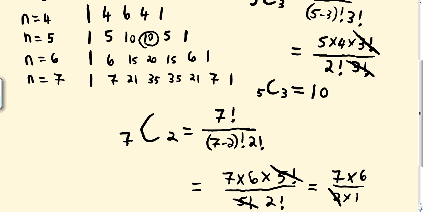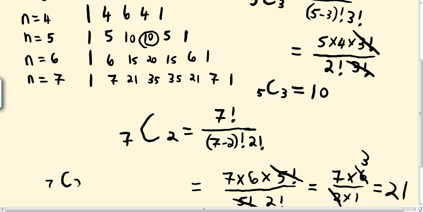Well, 2 actually goes into 6 3 times, so my final answer is just the product of 7 and 3. Well, 7 times 3 is 21. So I get that 7 choose 2 is the number 21.